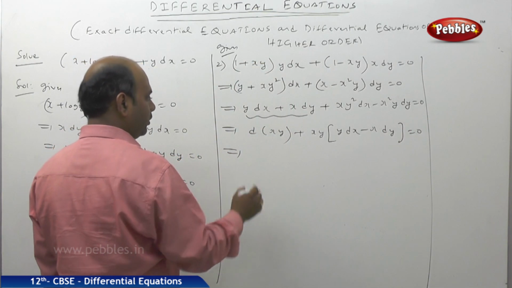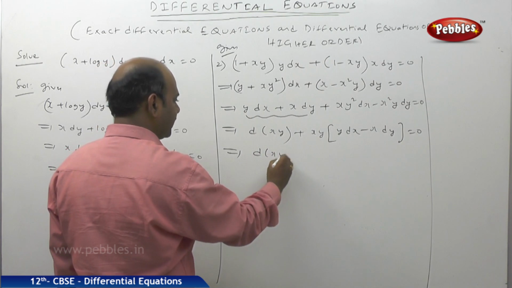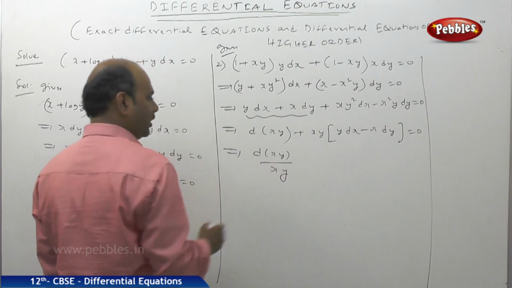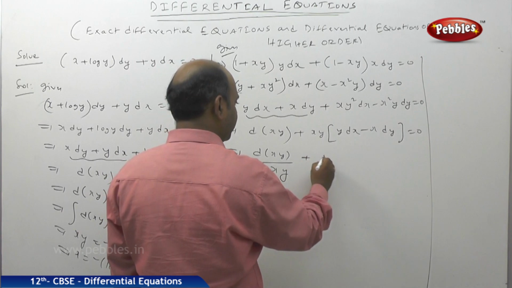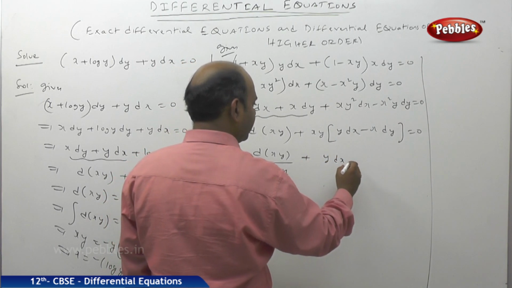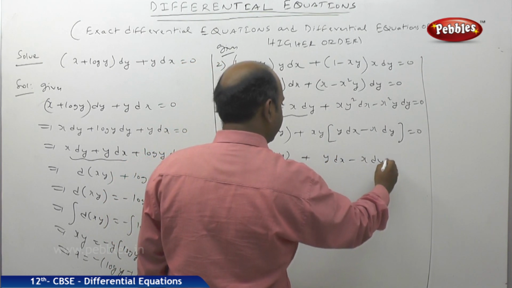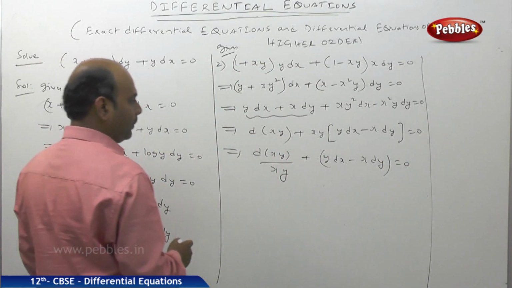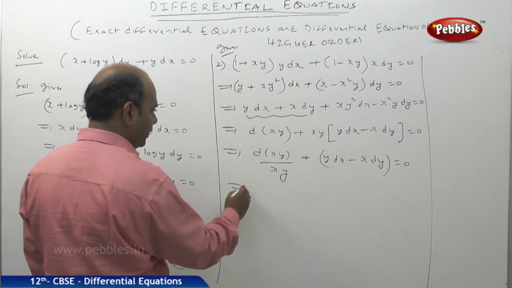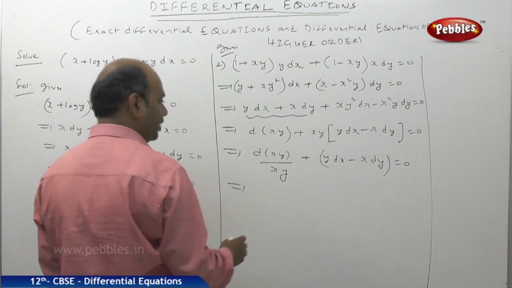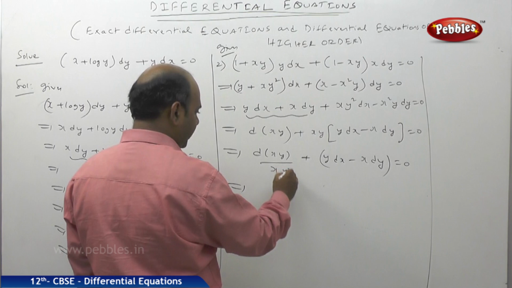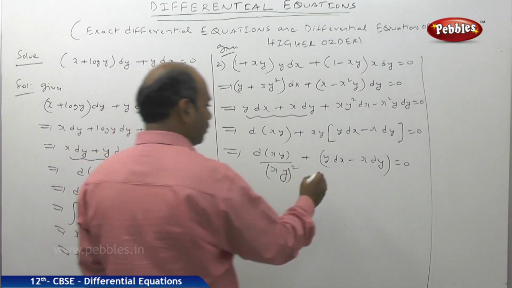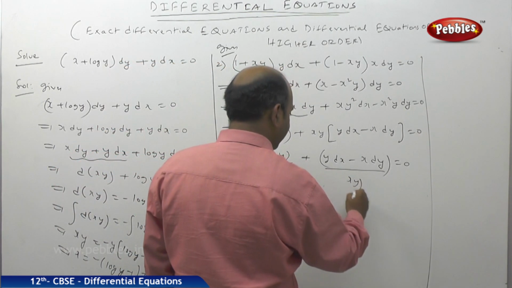So later what I will be doing? I will divide by xy throughout the equality. So what happens? y dx minus x dy equal to 0. For my convenience, I will be dividing by (xy) whole square, so that our problem might become very easy.